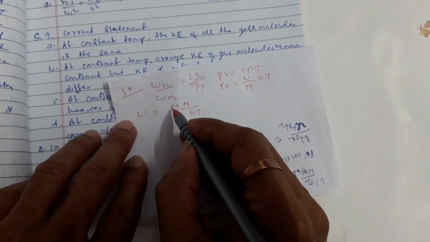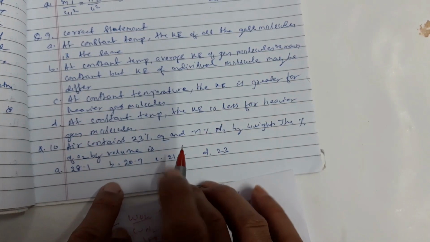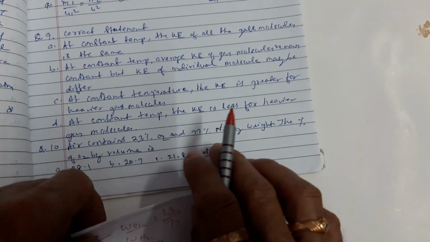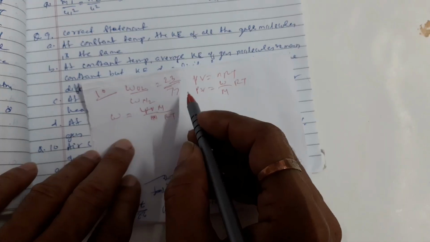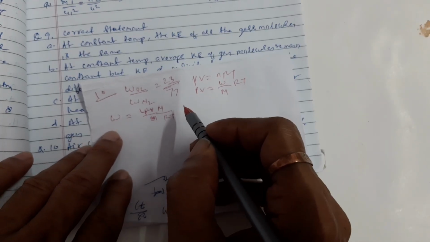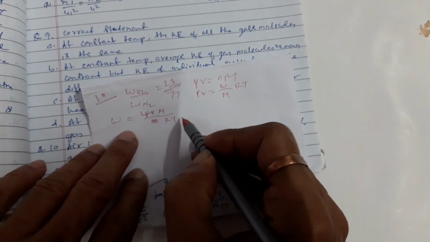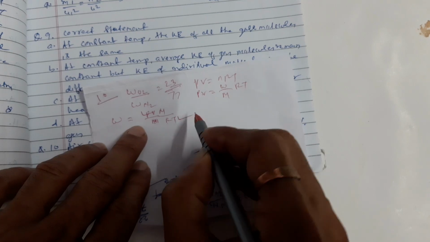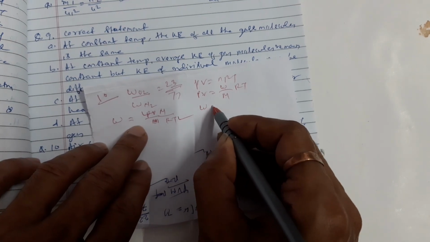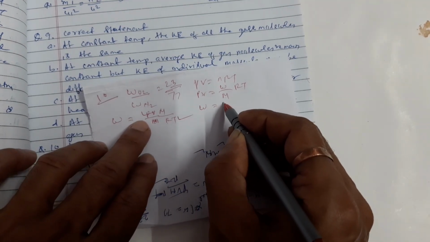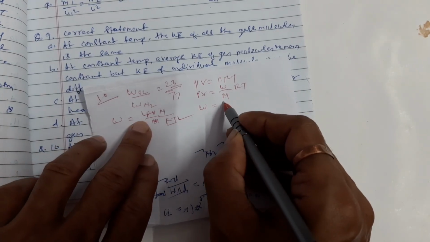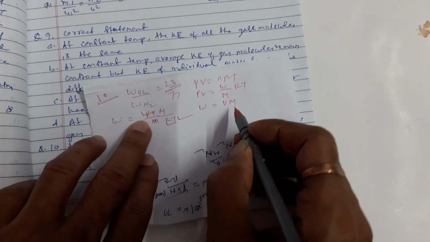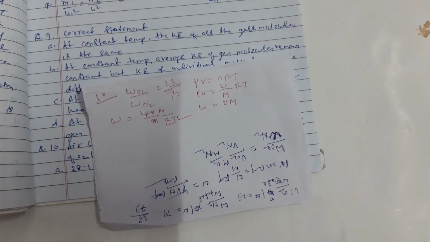Here P is constant and your temperature is constant. R is constant. Then W is related to V and M.